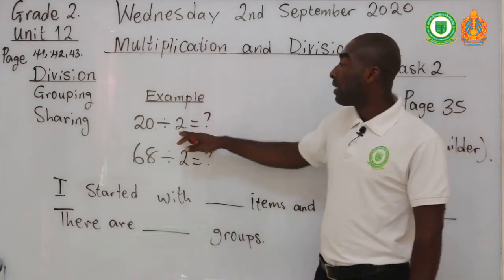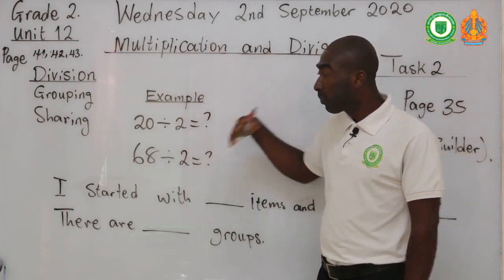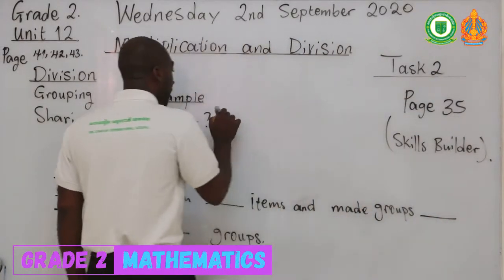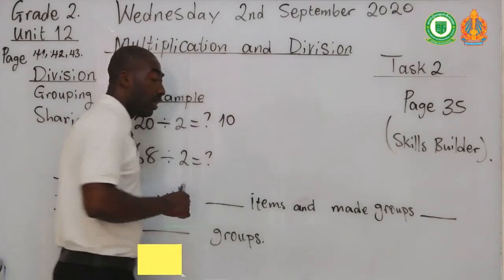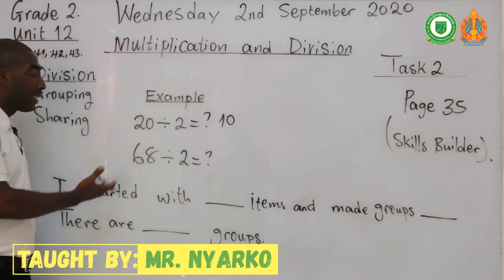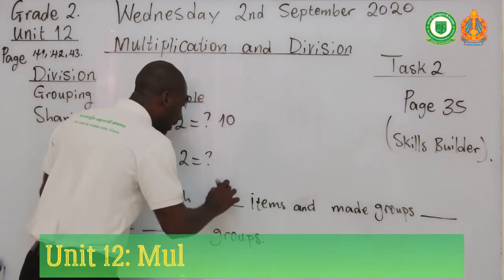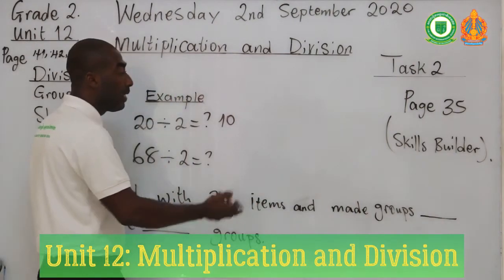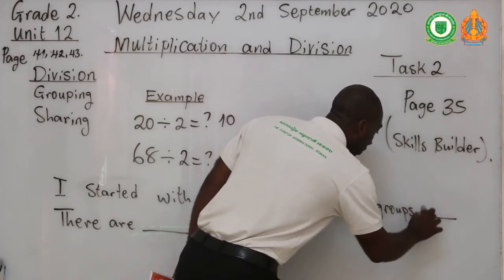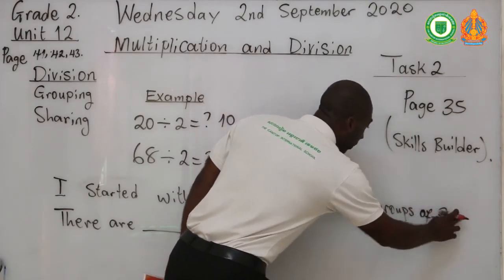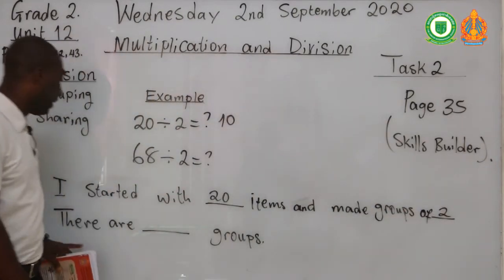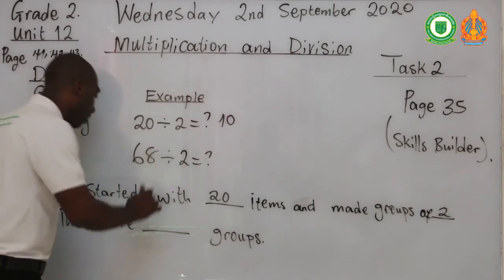So the first equation is about 20 being divided by 2, and we're going to have 10 over here. To put it in this statement, we're going to say that I started with 20 items and made groups of 2, and there are 10 groups.